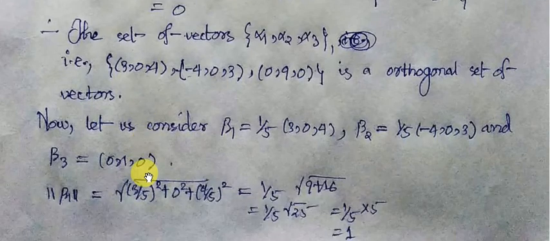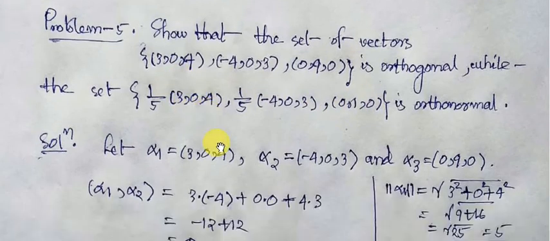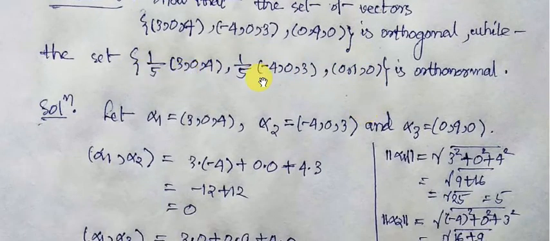And to show this is an orthonormal collection, the norm of each member must be equal to 1. That means we do the same process as for the orthogonal case, and an extra thing we have to show is that the norm of each vector is equal to 1. So let us first calculate the norm of each vector.